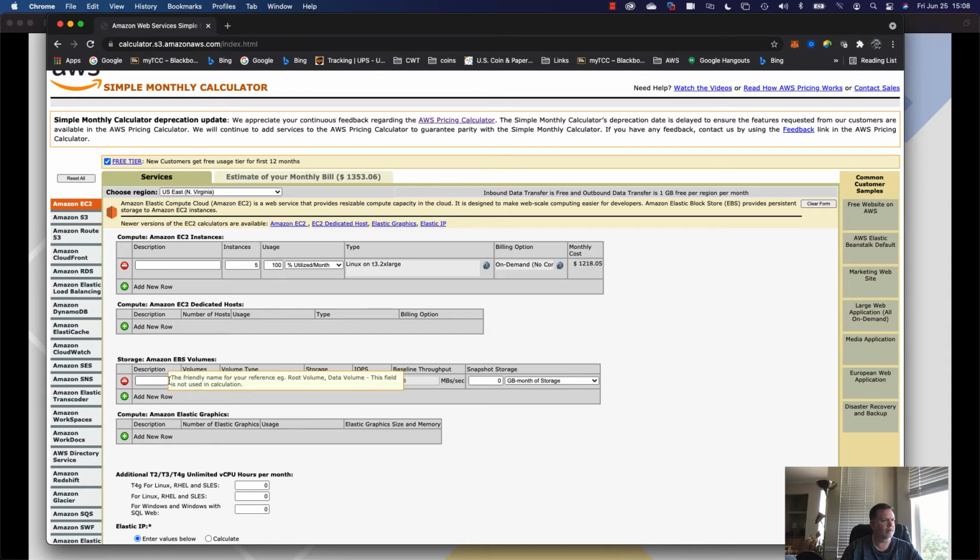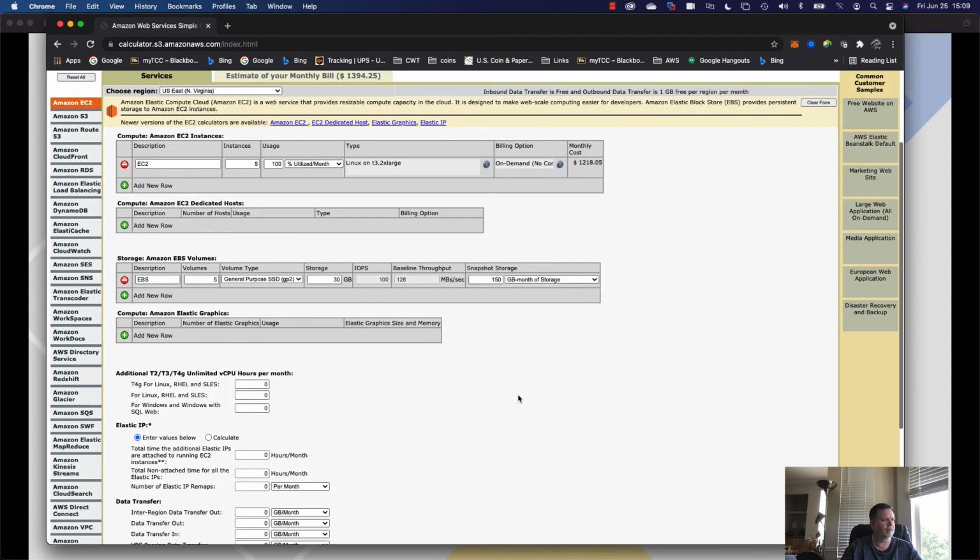Let's see here. EBS, EC2, snapshot storage or backup storage. We'll go ahead and do the 150. All right.